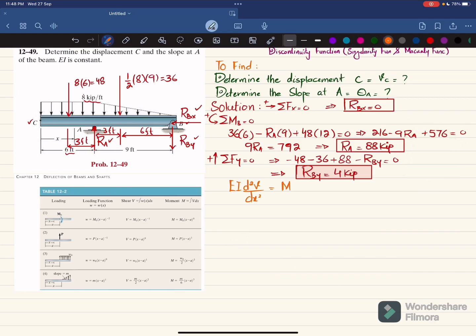If I draw the free body diagram of this beam, it is like this. We have RA, which is 88 kips, and there is a uniformly distributed load of 8 kips per feet, and then a triangular load which is downward.